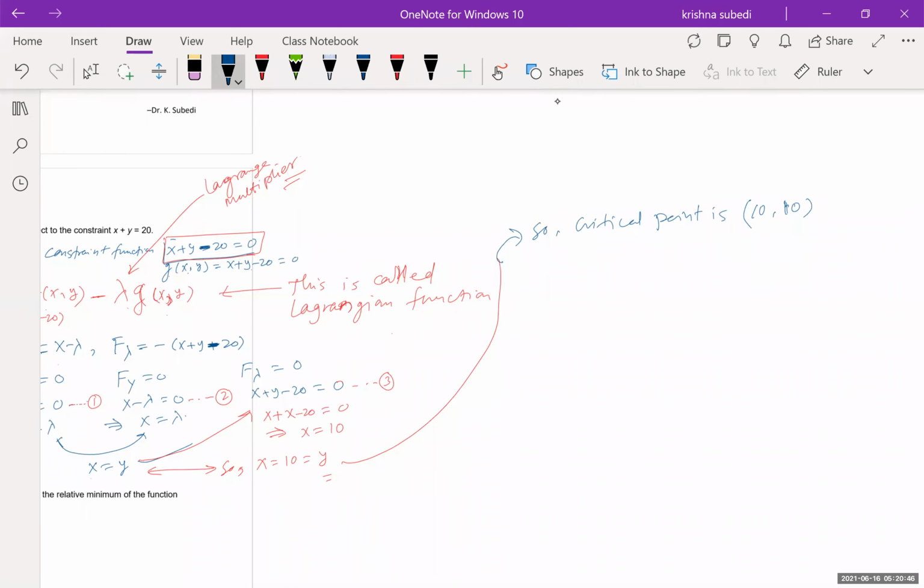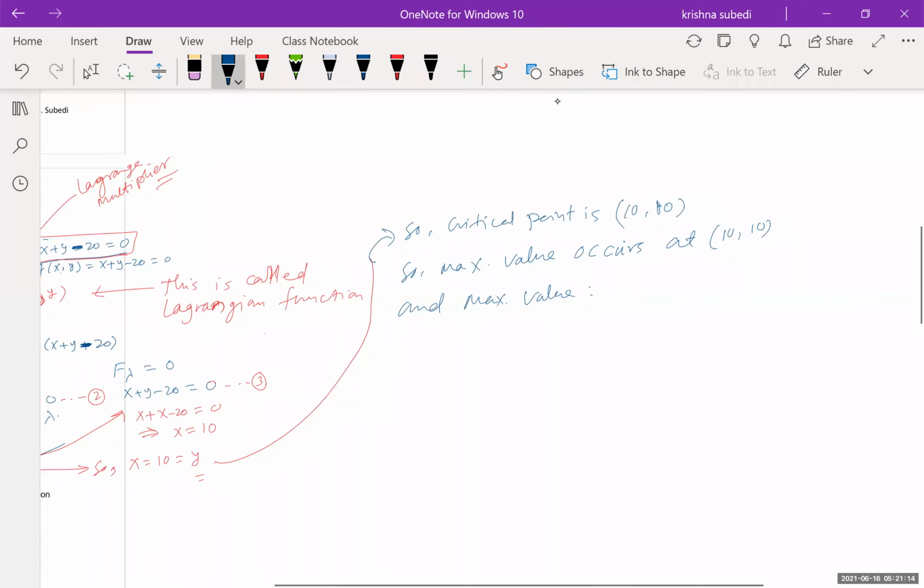Okay, then what is the maximum value? The maximum value occurs at (10, 10), and the maximum value is f of xy equals xy.